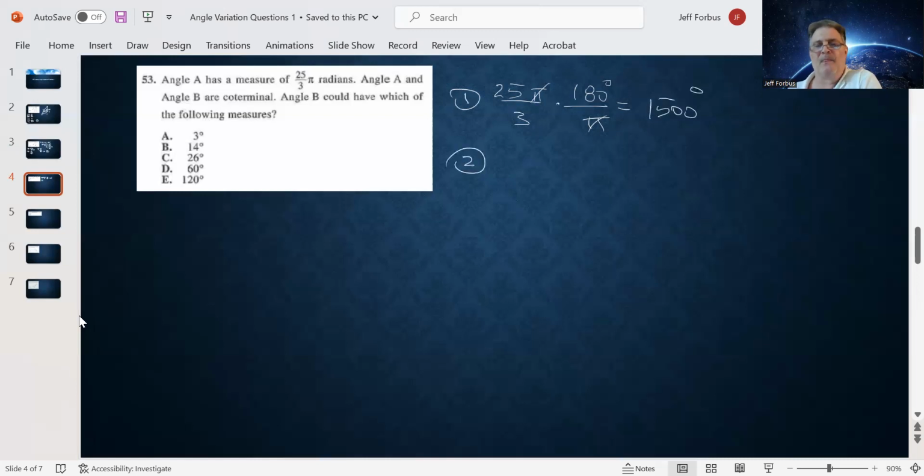Now, how many revolutions is 1500 degrees when we're thinking about it going in a circle? So 1500 divided by 360 degrees. That gives us about 4.16 revolutions.